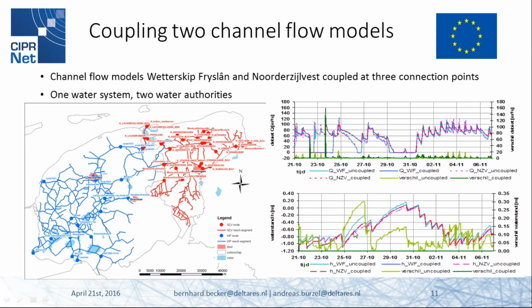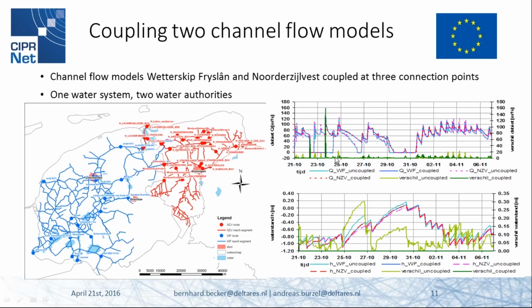If we couple these models, so these are the blue and the red lines, then we get the same water level, and this is not the case if we have uncoupled models. So then we have water level in the blue model here, and this is the corresponding one from the red model. And this line indicates the difference in the uncoupled versions. And this dark green line here says that we have no difference in water levels. So this is one benefit.